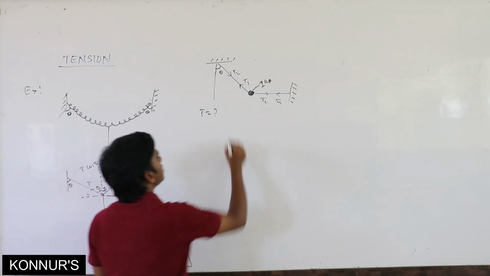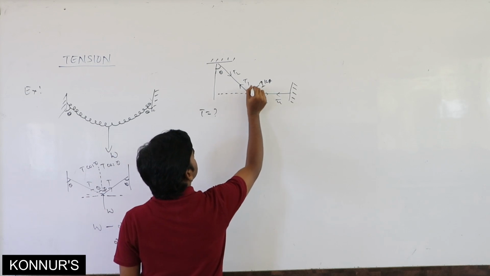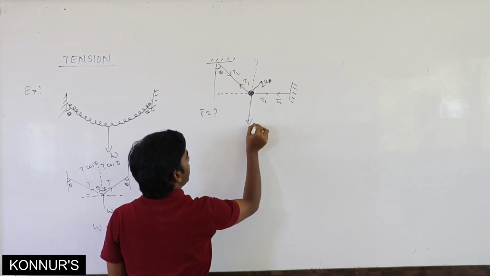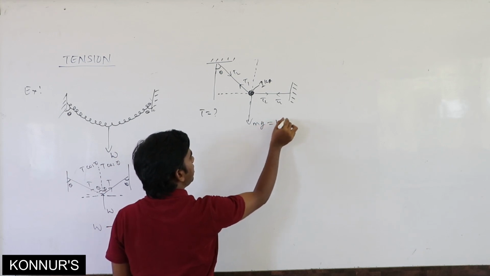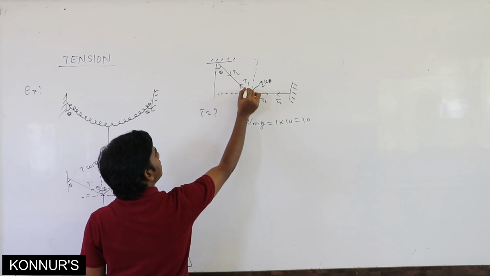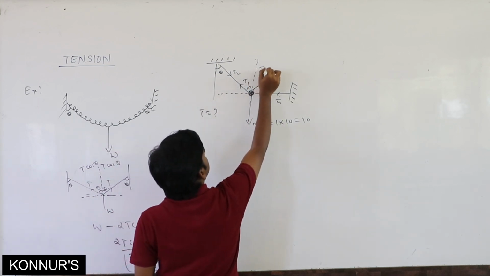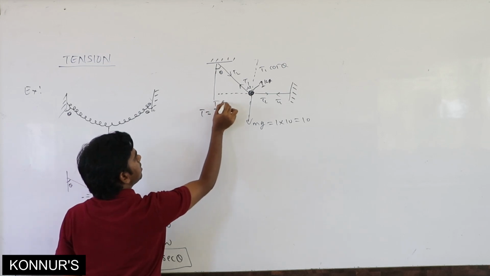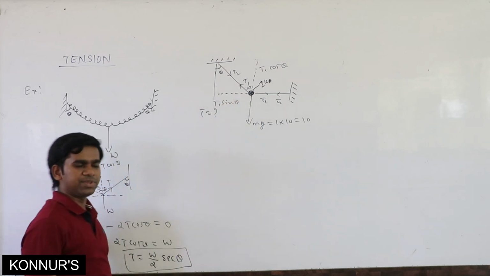Take their components. In the downward direction, we have mass into acceleration due to gravity, that is 1 into 10. If this is theta, this is going to be theta, so T1 cos theta on this side, and T1 sin theta on this side.